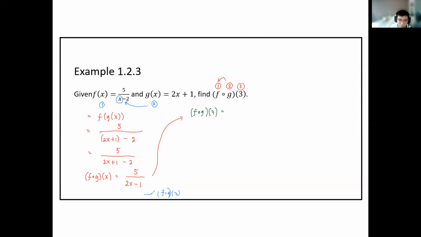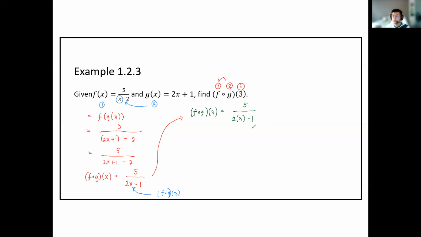Meaning the 3 value will be replaced in the x parameter. So you're going to have 5 over 2 times 3 minus 1.